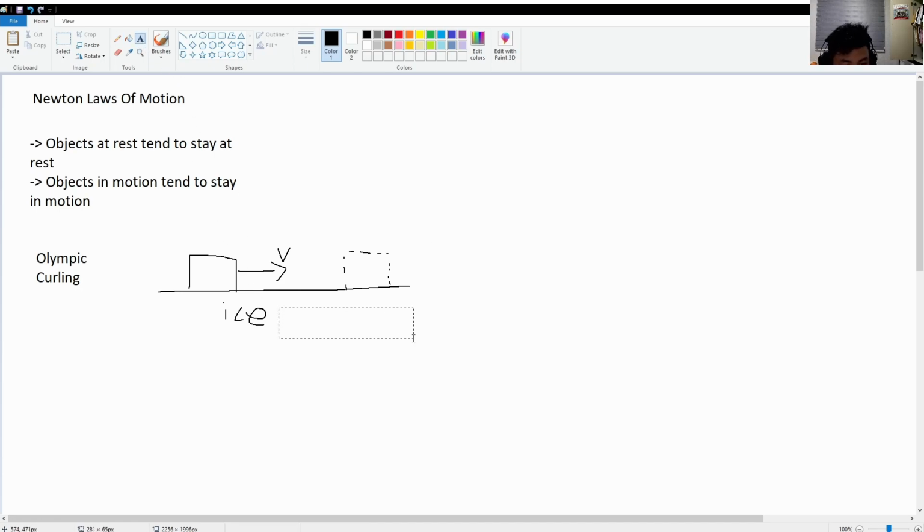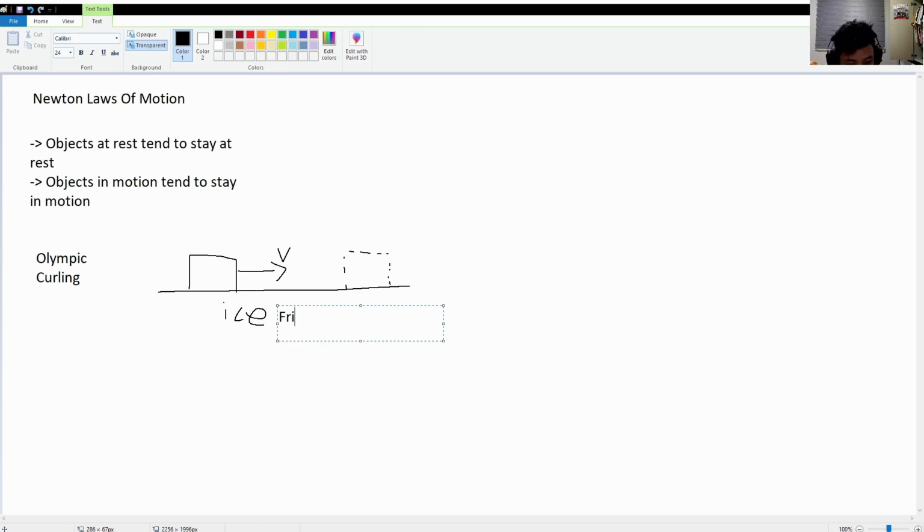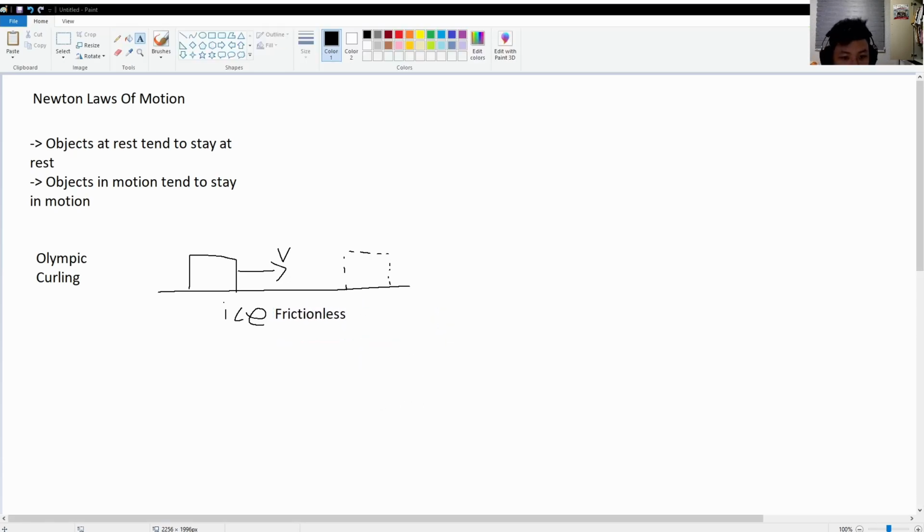So ice is frictionless. Newton's first law: objects in motion tend to stay in motion.